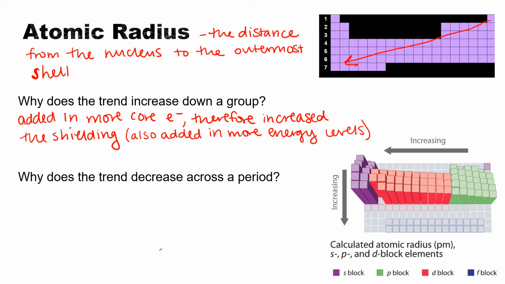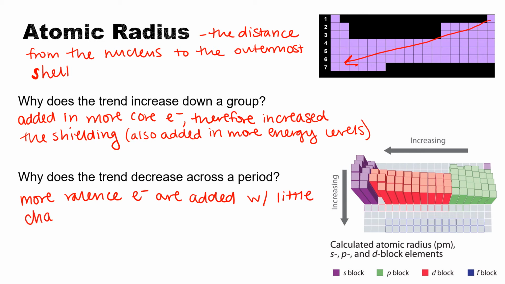So the next question we're going to be looking at is, why does the trend we see decrease as we go across the period? And the reason for that also relates back to shielding. As we're going across the period, remember, we are adding in more valence electrons. And as we're adding in more valence electrons, we're not really changing the core electrons.